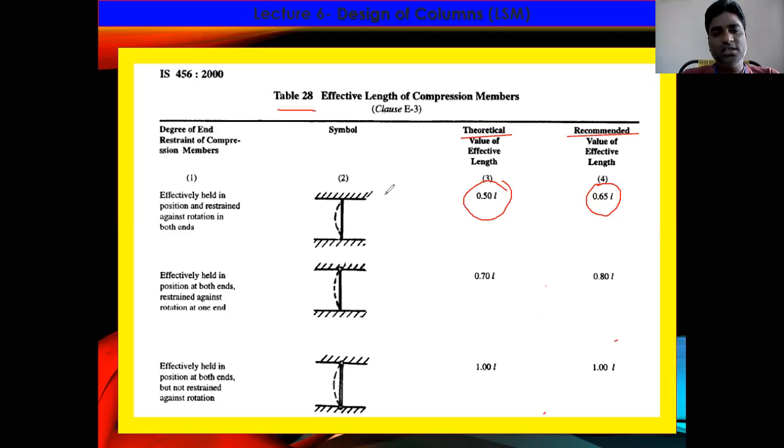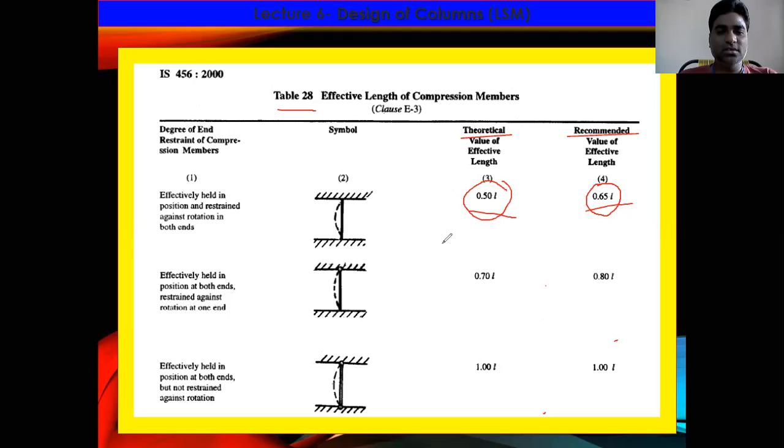Hinged is also the same thing; we cannot give the hinge support exactly. So that is why there is a small difference between the theoretical value and the recommended value.